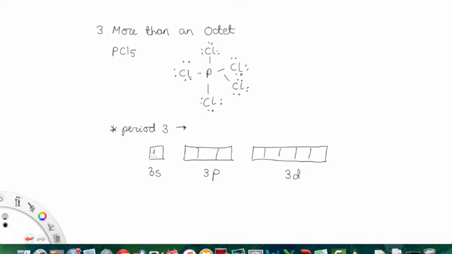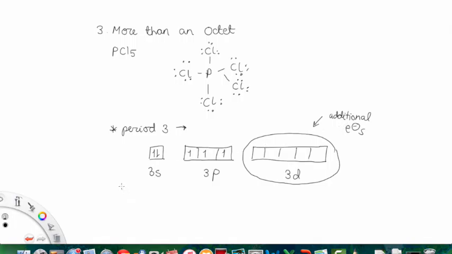And so we would have 1, 2, 3, 4, and 5. Third period elements occasionally exceed the octet rule by using their empty d orbitals to accommodate additional electrons. So basically, they have this whole shell right here, the 3d orbital, into which they can actually accommodate additional electrons. So I'll write that down for you. And that's the reason for which they can expand their octet.